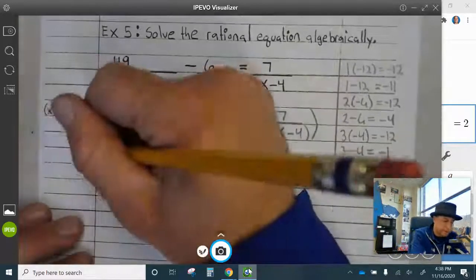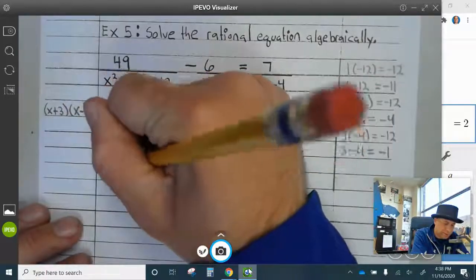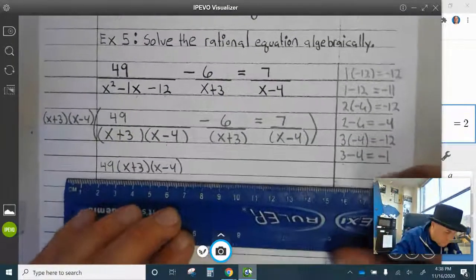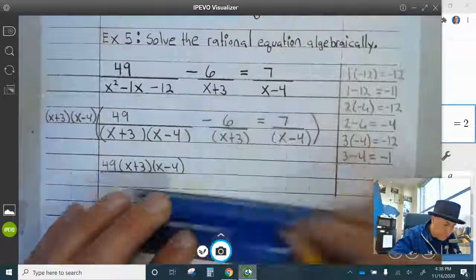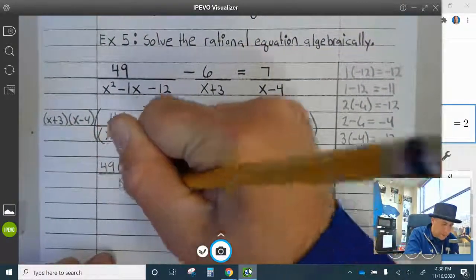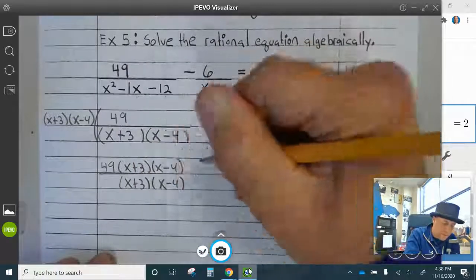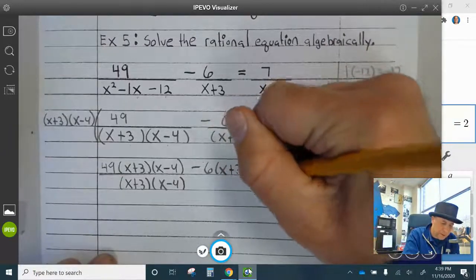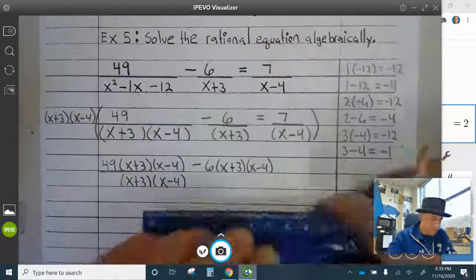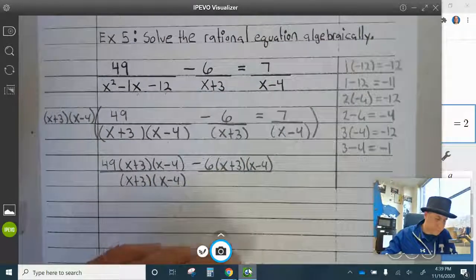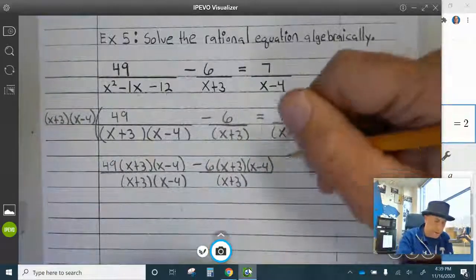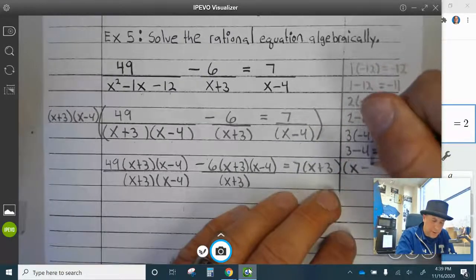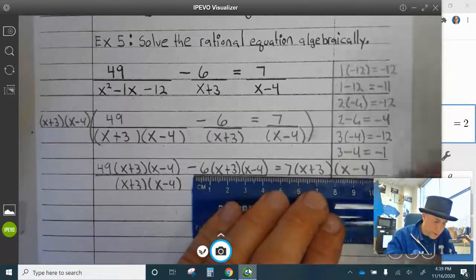Okay, so then it becomes 49 times x plus 3, x minus 4, divided by x plus 3, x minus 4, minus 6 times x plus 3, x minus 4, divided by x plus 3, and then equals 7 times x plus 3, x minus 4 divided by x minus 4.